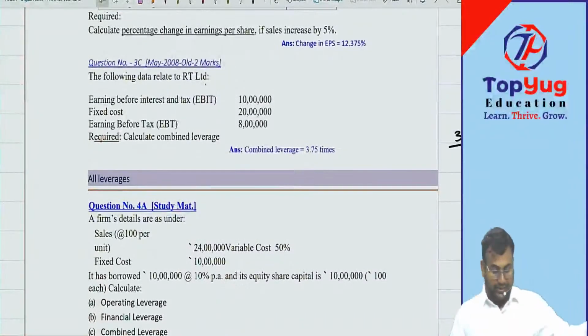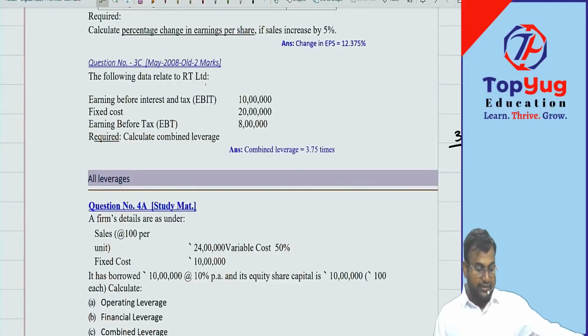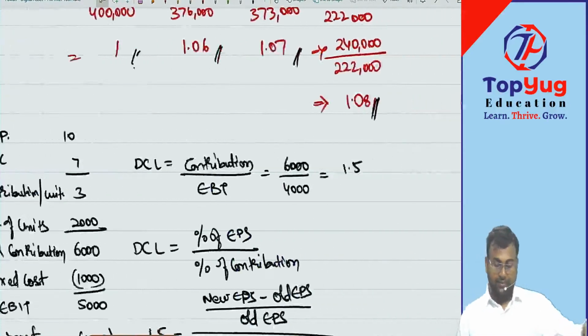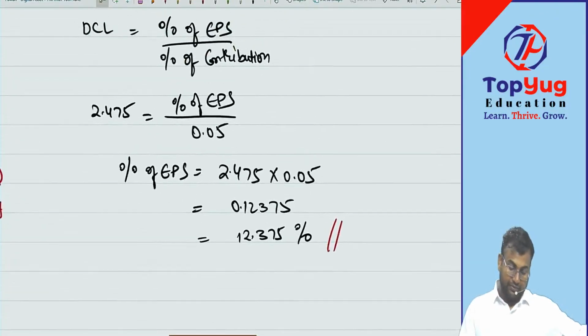Question 3C. The following data relates to RT Limited: EBIT 10 lakhs, fixed cost 20 lakhs, EBT 8 lakhs. Calculate combined leverage. Very simple, we'll do it right away.